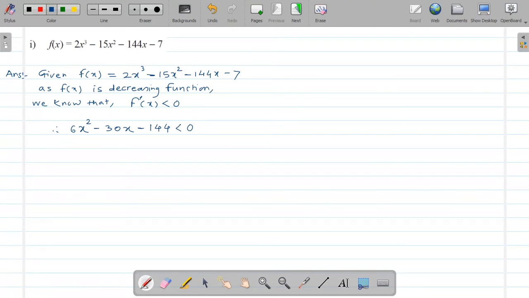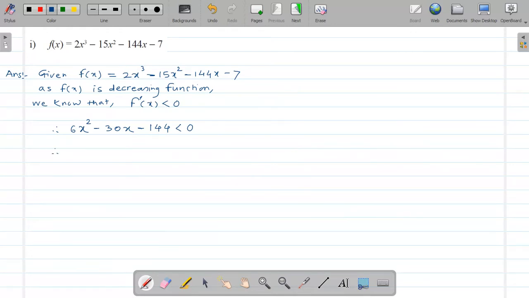Now we have to find the values of x on the real line where this function is decreasing. If you see this equation, you can take 6 common, that is, divide both sides by 6.